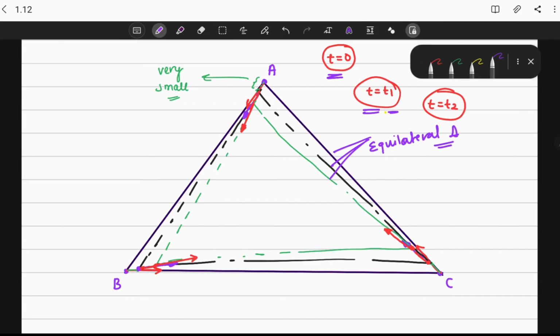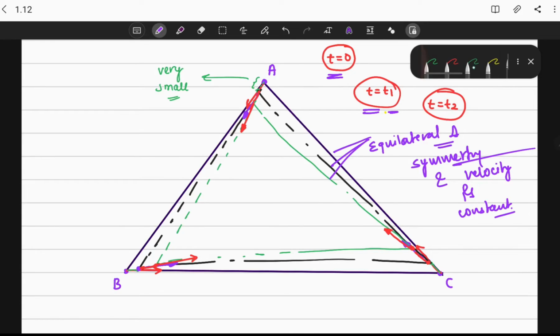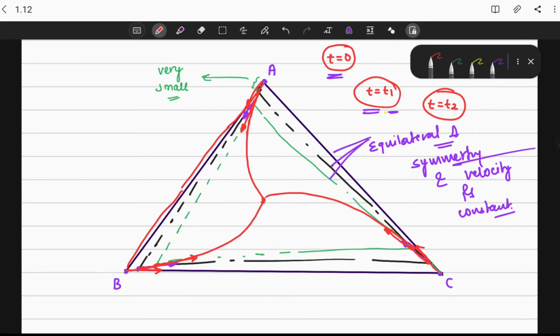Why am I saying equilateral triangles? Because of the symmetry and the constant velocity. The side length of the equilateral triangle keeps decreasing, and it will eventually converge to a single point, where the side length of the triangle is 0.